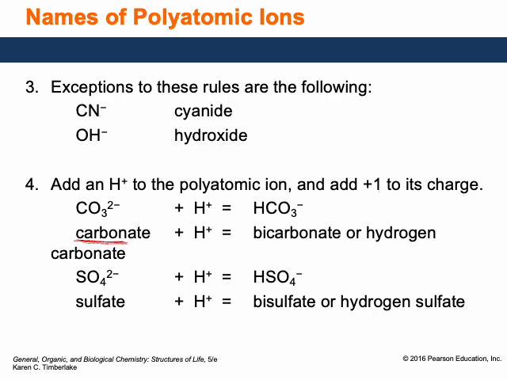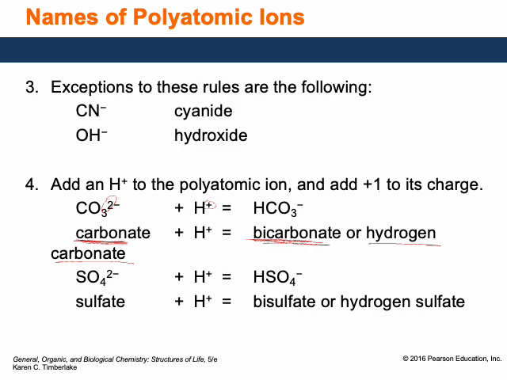If I add a hydrogen plus to this, it turns into HCO3-. The charge becomes 2- plus 1, which gives you -1. This is called either the bicarbonate ion or the hydrogen carbonate ion.